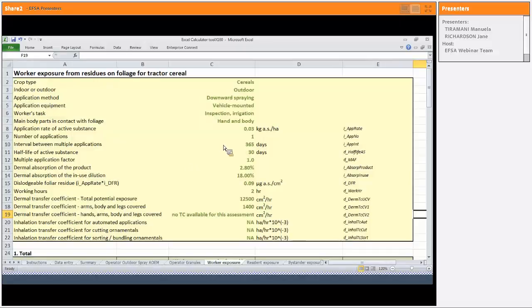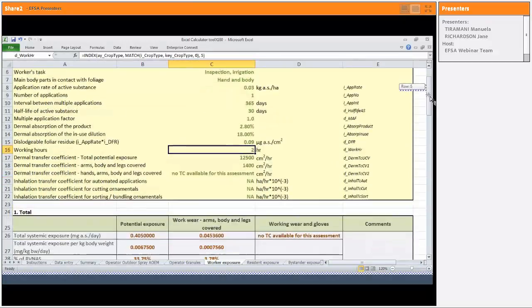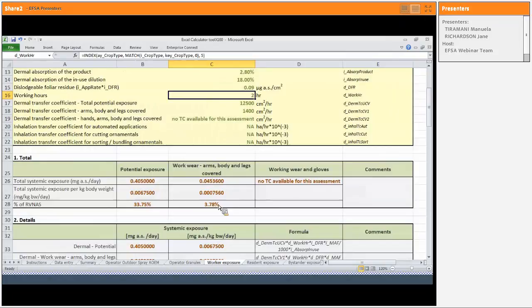And so for this case, we're looking at hand and body exposure, but also the working hours are shorter here. We imagine that you would only spend a short time, so 2 hours, doing this type of activity. And obviously, because of that, the actual exposure for the worker is much lower because the scenario has considerably less contact with the crop, for example.